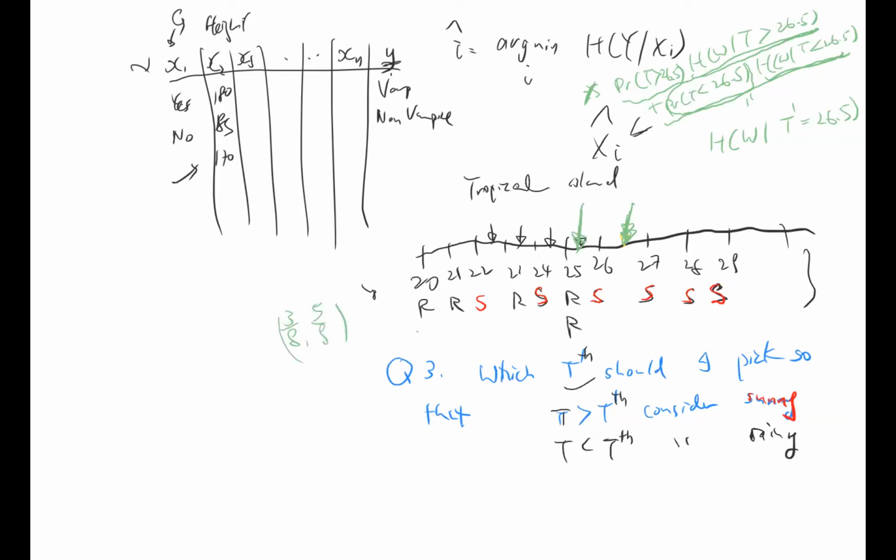But if I move to here, I will have 2 S and 5 R. Then I have 2/7 and 5/7. Actually, my distribution is more skewed, right? More skewed meaning that the conditional entropy should decrease. So this won't be a good option. It'll be one of these guys.